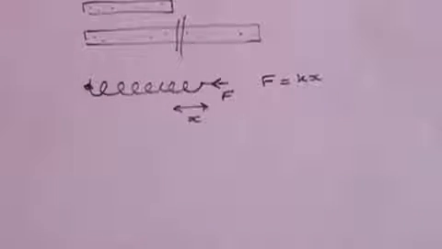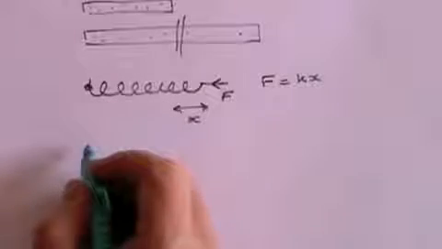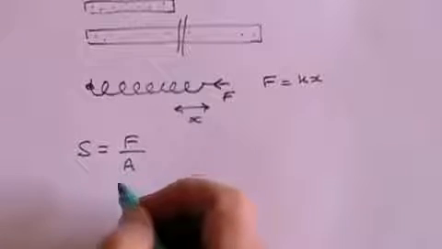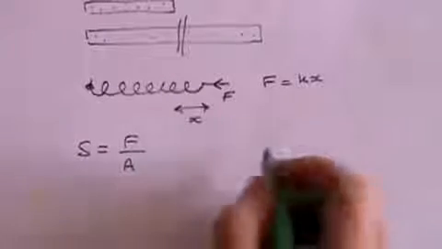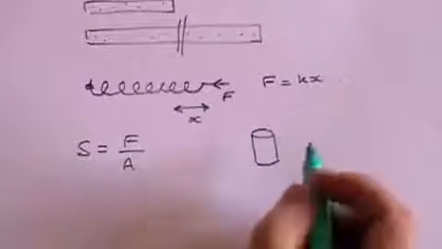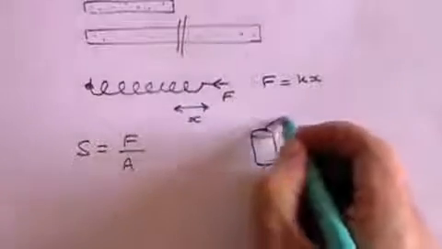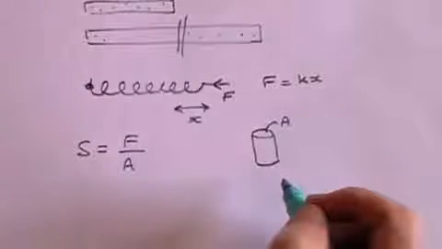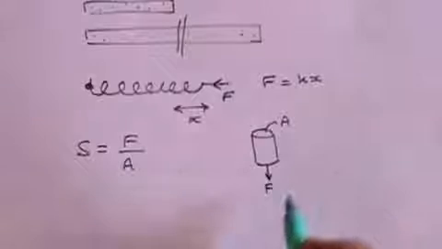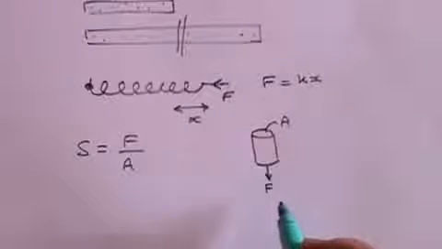Stress, or sometimes called tensile stress, is equal to the force divided by the area. So if we were to take, for example, a wire whose cross-sectional area was A, and you apply a force to that wire.